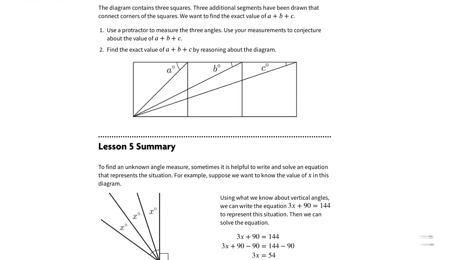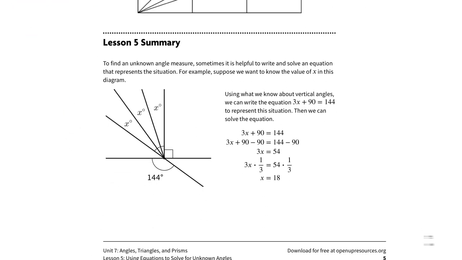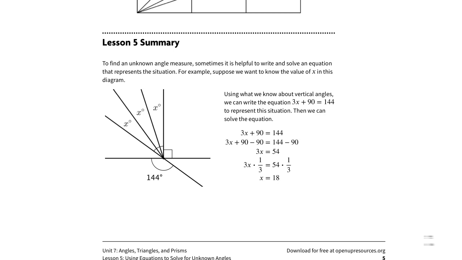Okay, we already did number 1. If we look at the bottom of page 43, we have our summary here. This just tells me I can take what I know from the picture and set up an equation. So I know I have a vertical angle here. Different color so you can see it. Vertical angle here with a vertical angle here. We know that vertical angles are the same.